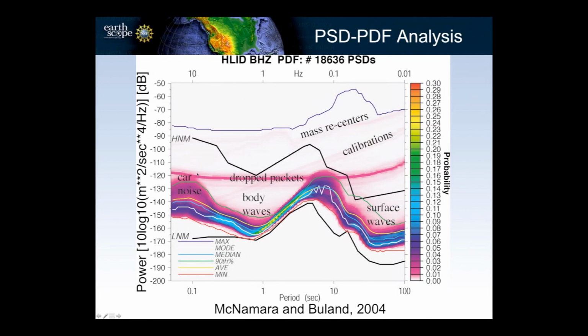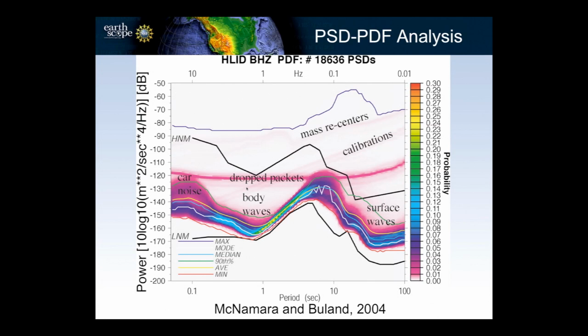In addition, of course, you have artificial elements to these plots like calibrations, mass recenters, and drop packets. Occasionally, if there's a big earthquake and you have a small span of time, you would see the signal spectra of a large teleseismic earthquake. Those signals tend to recede if you record more than a few months of these analyses.